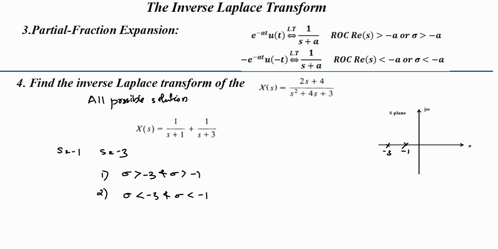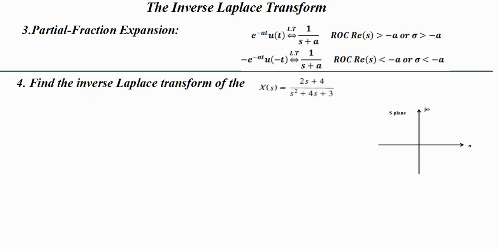The third possibility, sigma greater than minus 3 and sigma less than minus 1. And another possibility, sigma less than minus 3 and sigma greater than minus 1. So we get 4 cases, and we expect 4 possible solutions for this particular question. Now we will consider each one.